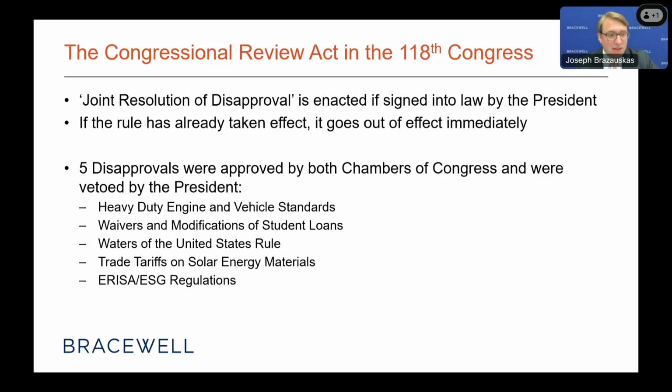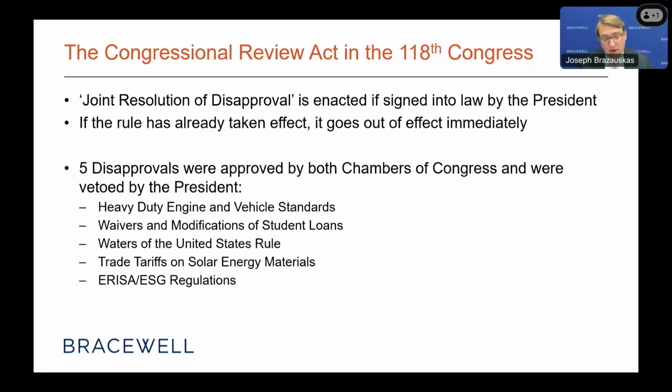Those are the EPA heavy-duty engine and vehicle standards, the rule for the waiver and modification of student loans, the EPA's Waters of the United States rule revisions, the trade tariffs on solar energy materials, and some ERISA ESG regulations.